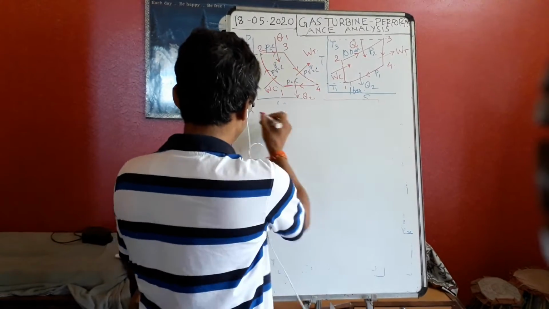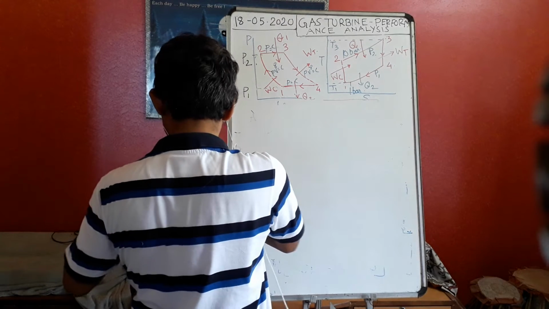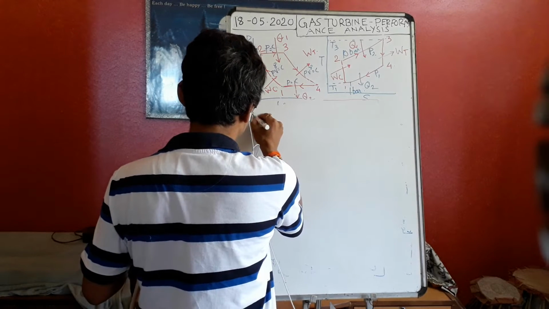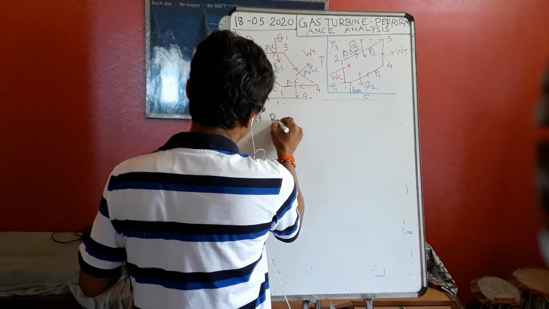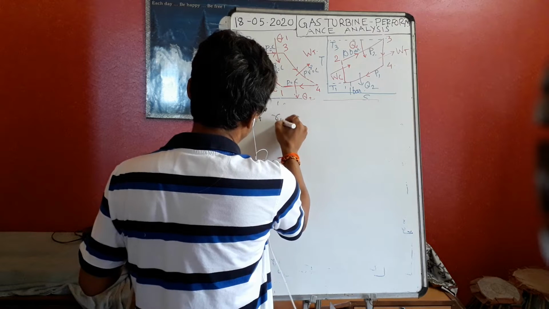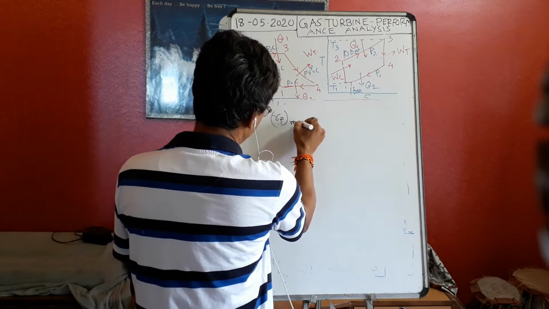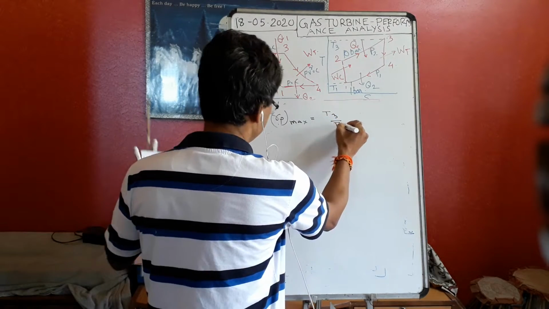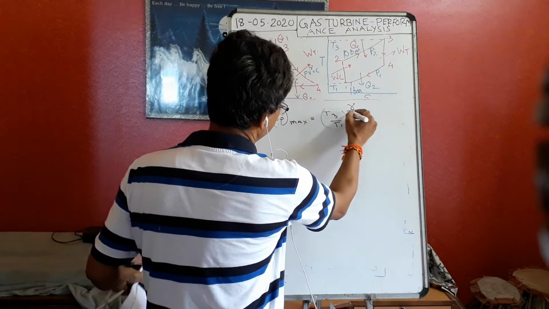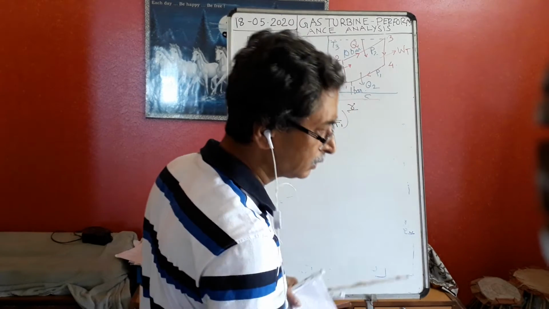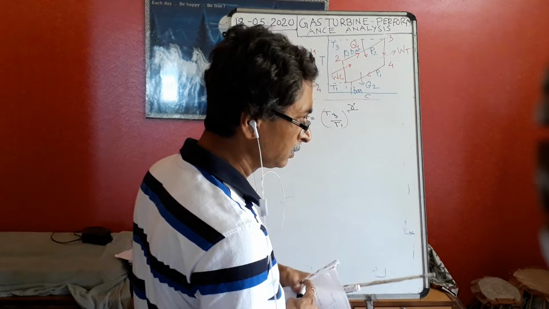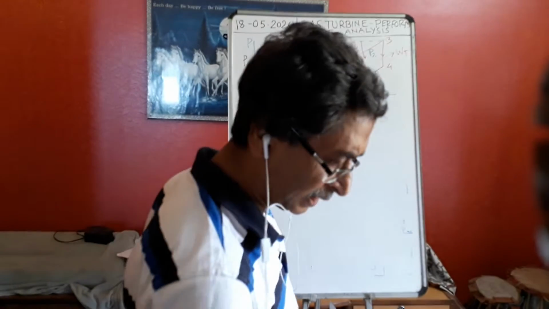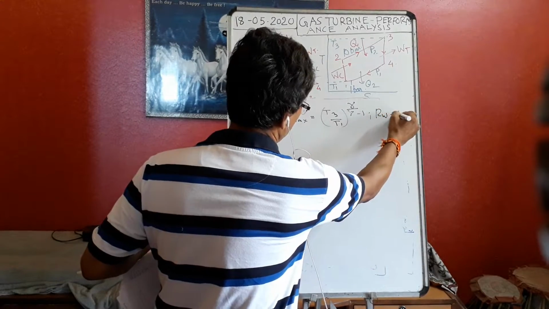At RP max, RP is equal to RP max, that means T3 by T1 to the power gamma by gamma minus 1.